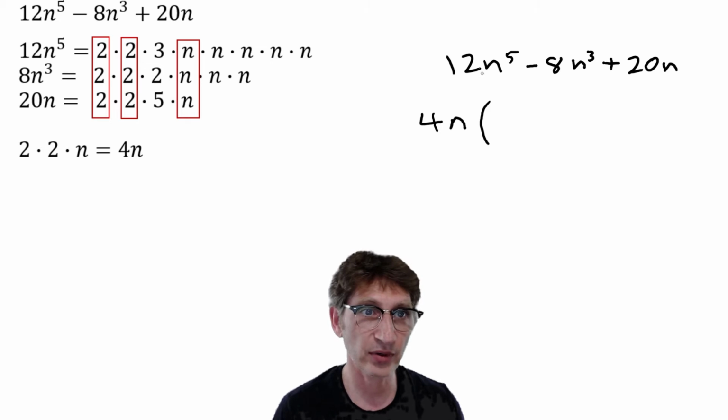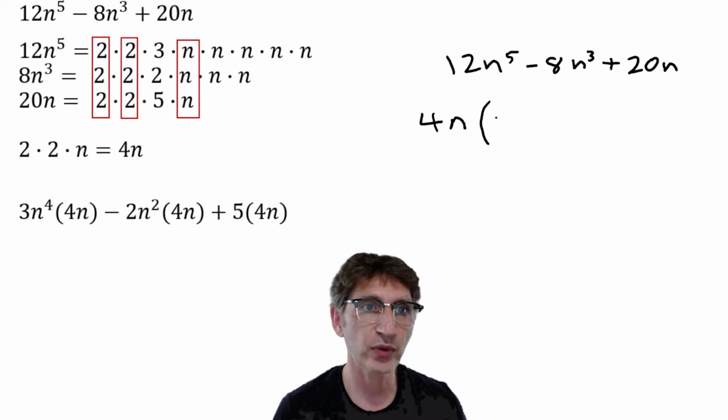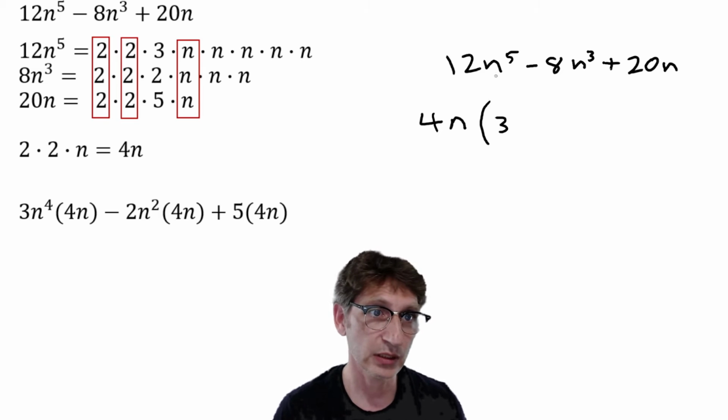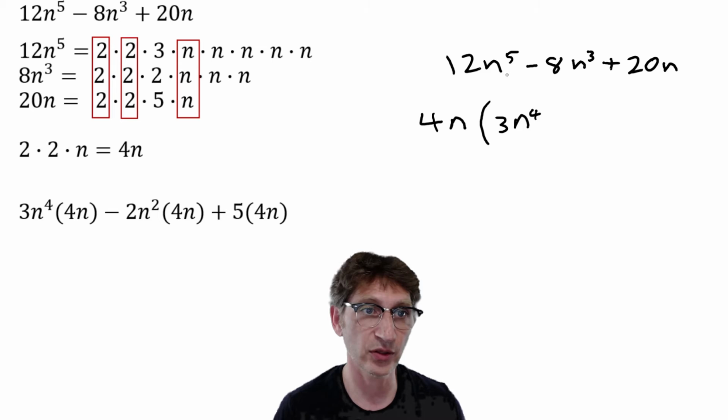Now with our set of parentheses, well, 12n to the fifth, 4 times what is 12? 3. N times what is n to the fifth? Well, that would be n to the fourth, because I started with n to the fifth and I pulled out one of the n's and I'm left with n to the fourth. For negative 8, well, if I divide that by 4, I'm left with negative 2.